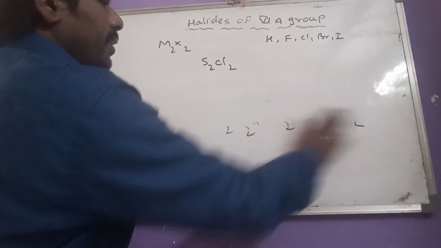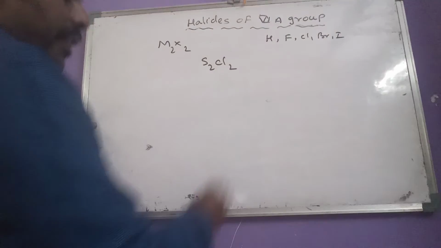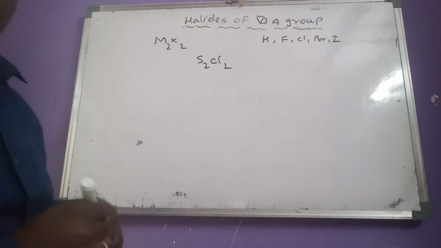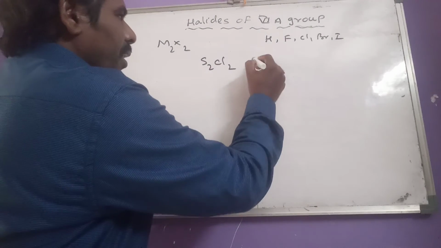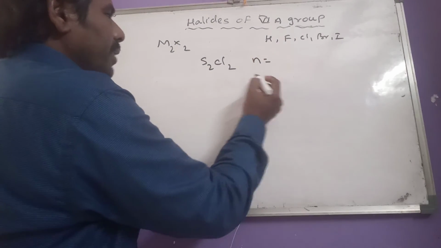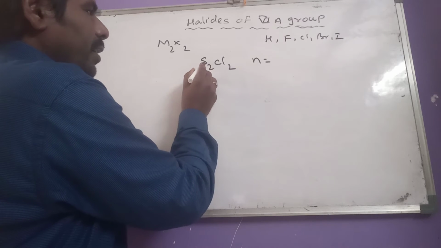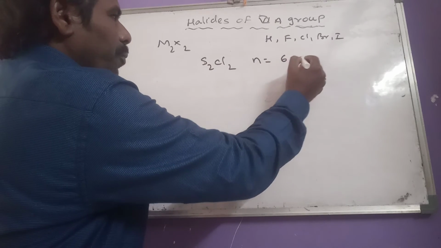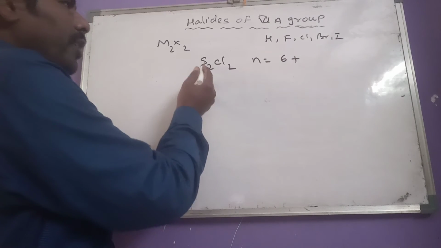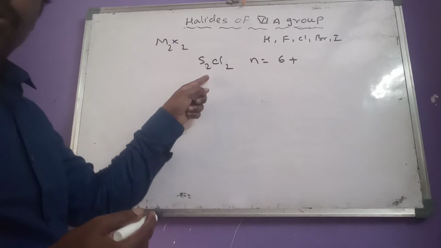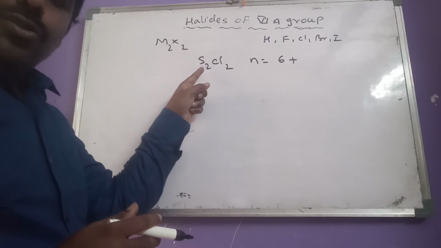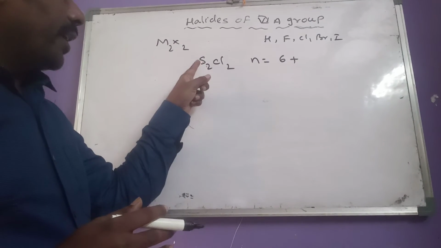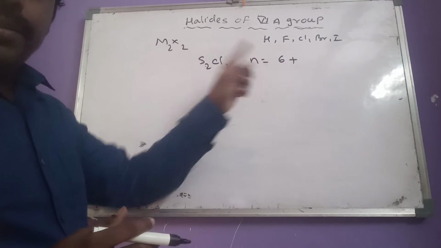Now let us see the hybridization of central sulfur here. As per our formula, number of hybrid orbitals equals, here central atom sulfur, its group number 6. No need to get confused about S2 or S3, whatever it may be, central atom sulfur group number 6.